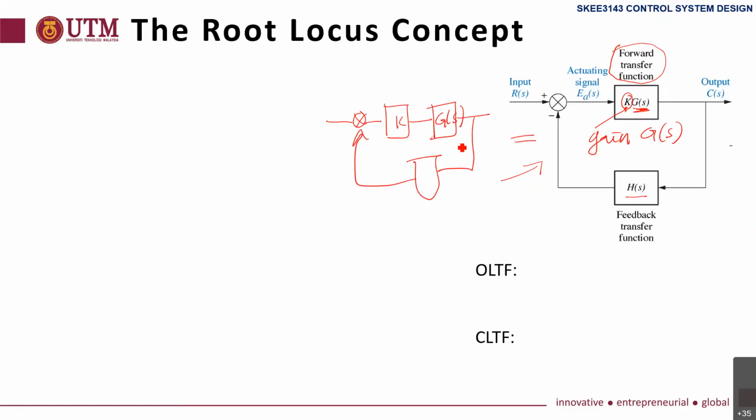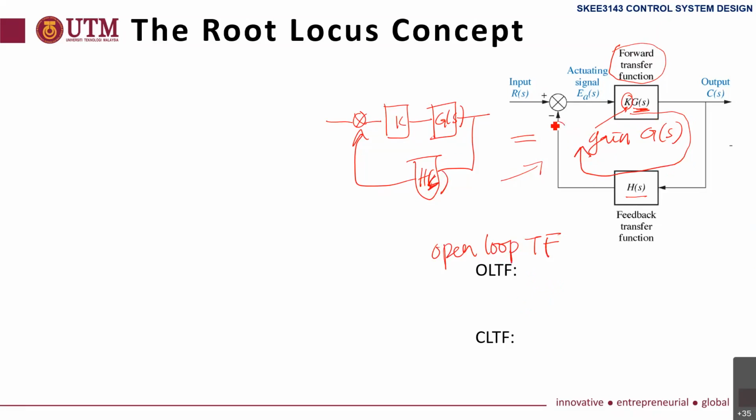If we have a standard closed loop system, first we need to obtain the open loop transfer function. Usually we use the short form OLTF, referring to open loop transfer function. The open loop transfer function is obtained by taking just until here.